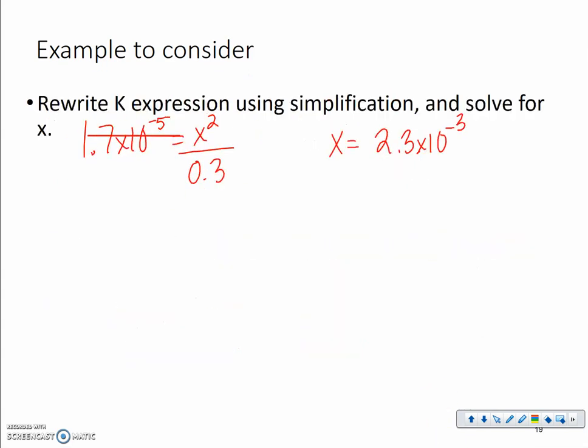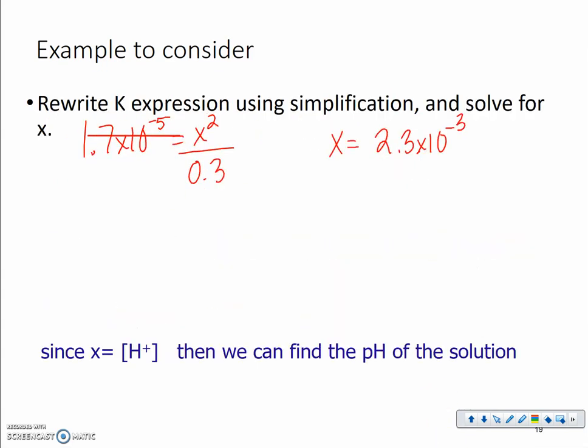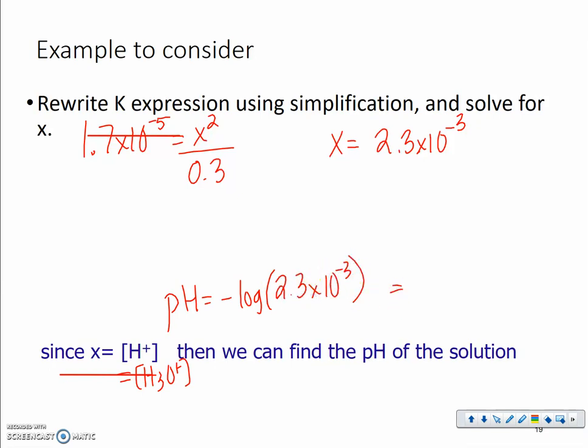So now that we know what H3O plus is, we can find the pH. Of course, H plus and H3O plus are equivalent, so they're the same. So in this case, pH is 2.65.